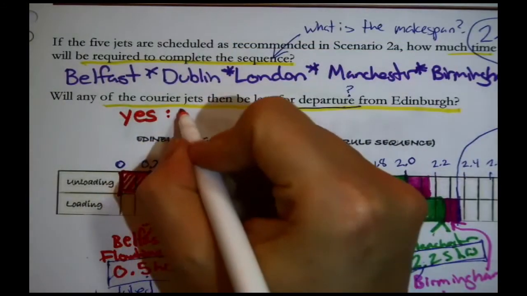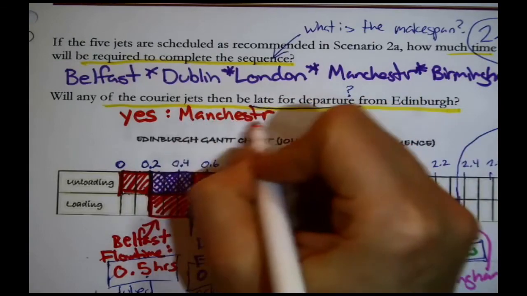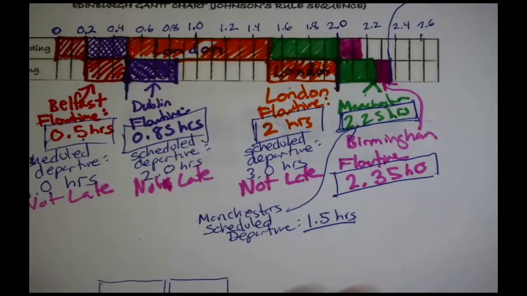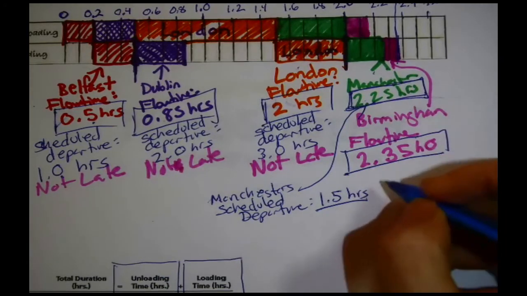We have spotted Manchester, and before I finish writing this response, maybe I better check the last one as well. Maybe the Birmingham flight's going to be late. I've got to look up when the scheduled departure for Birmingham was. Scheduled departure for Birmingham, 2.6 hours. Oh, no problem.